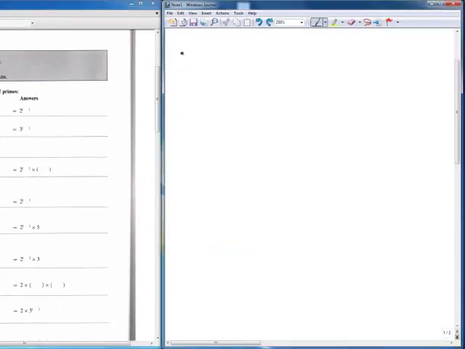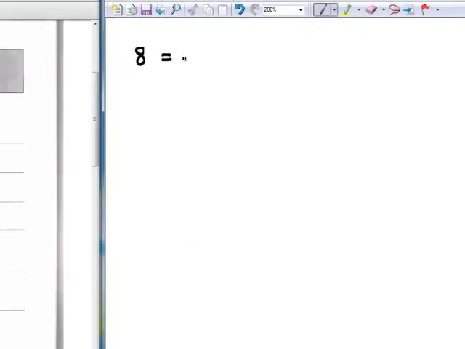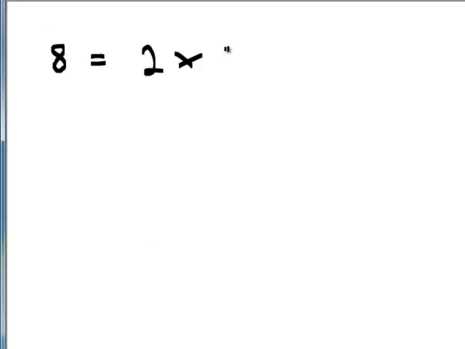So, question 1, 8 is 2 times what? Well, it can only be 4. And then we see here 2 times what?